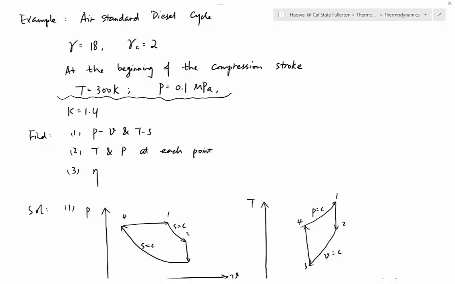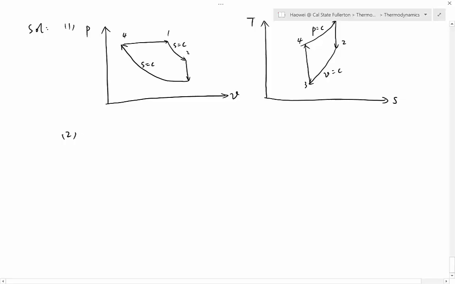So the beginning must be number 3. So what is given is T3 and P3. They are given. So we're done with one point already. So now we have point 3.